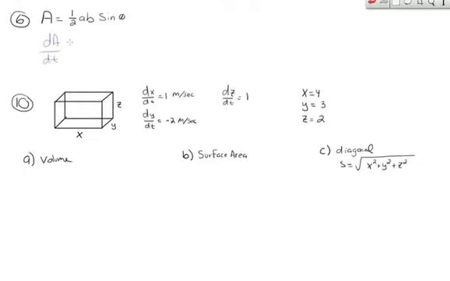And for this triple product, I think it's just going to be easier to take the 1/2 and really just completely ignore it. So constant multiple rule, the derivative of all of this times the constant. So let's take the 1/2 down, and now we can basically just ignore the 1/2. Okay. So now I've got to do a triple product rule. And so I'm going to treat the ab as the first function and sine of theta as the second function.